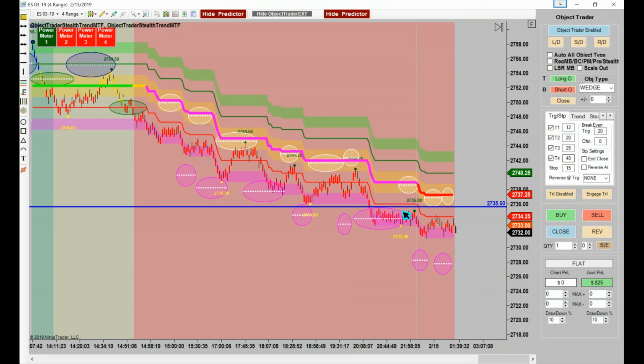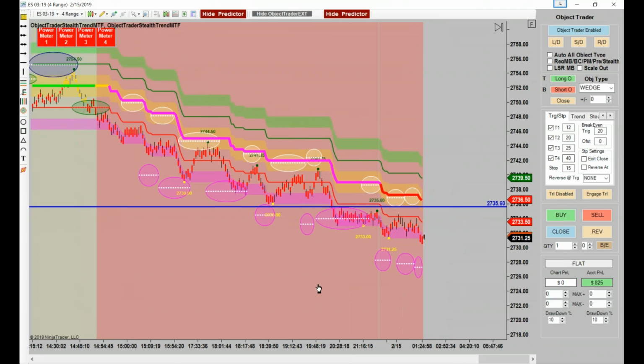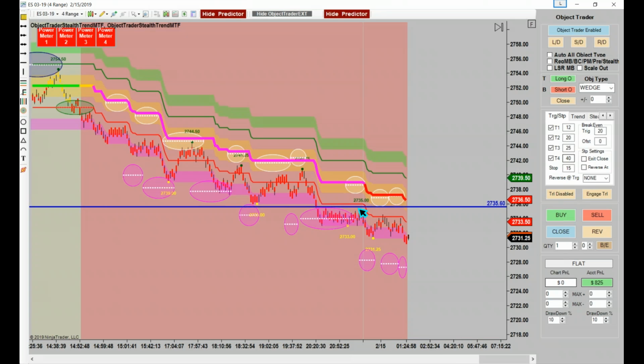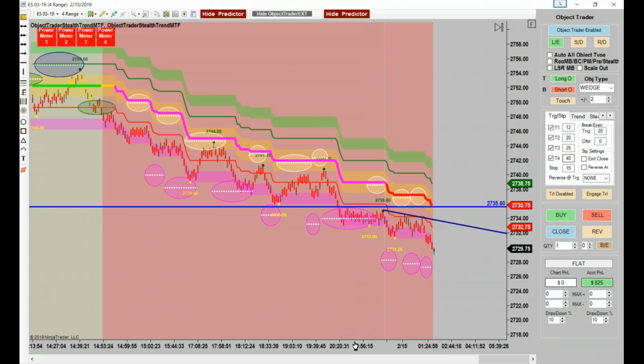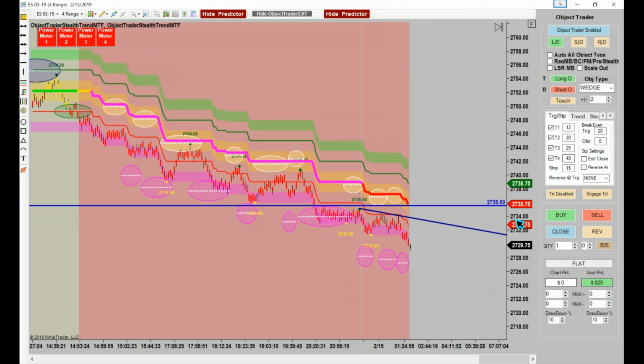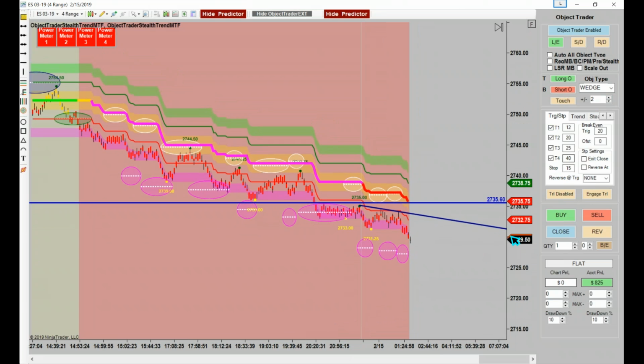Let's see if this is going to give us a retrace, kiss resistance and roll, or what we're going to get here. Here's a trend line, by the way. See that one right across there? Let's draw it for the fun of it. This gives me another trend line. I'll draw it again too. We're going to try a trend line and see if we can get either a thrust or a break of a trend line.